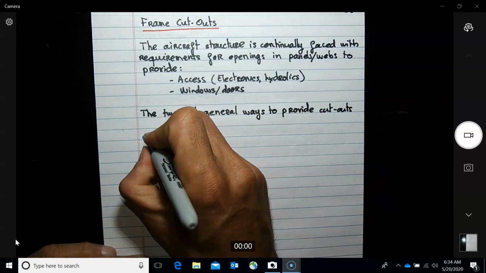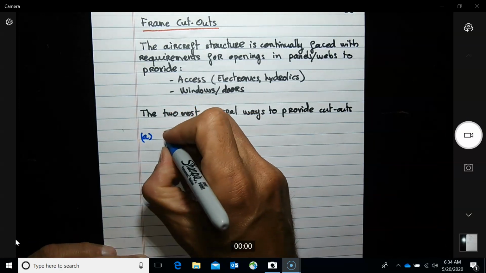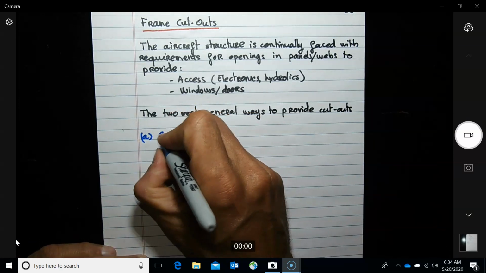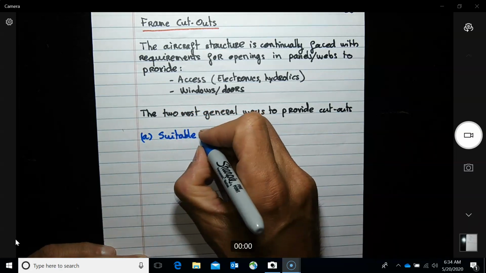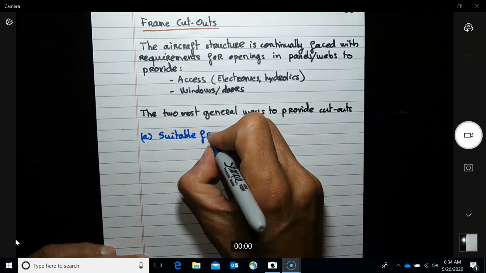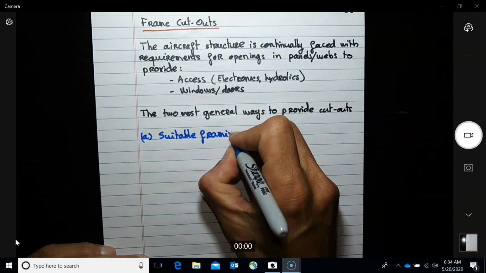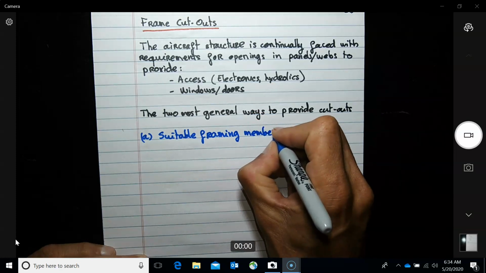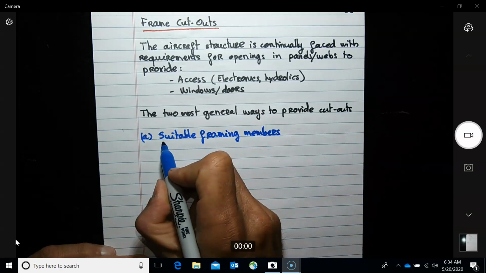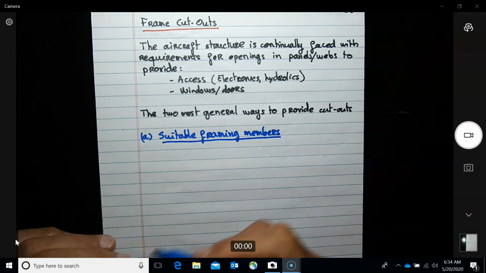Let's say here would be A, suitable framing members, and that's personally my favorite one. Okay, I mean, it's to use common sense.